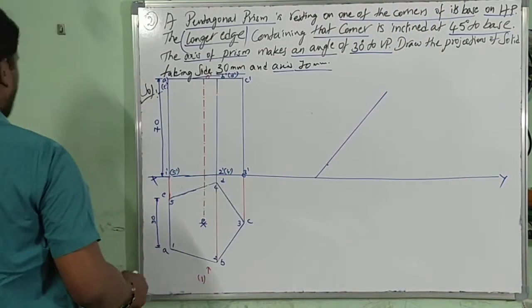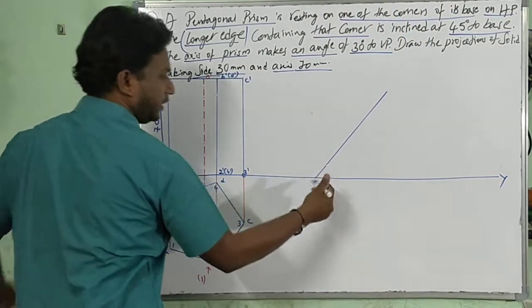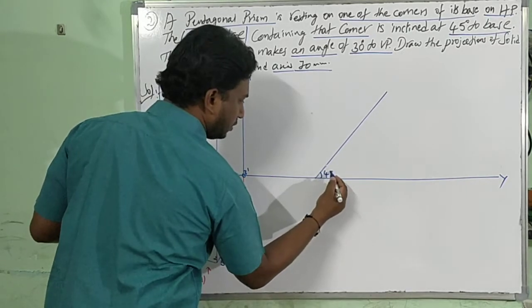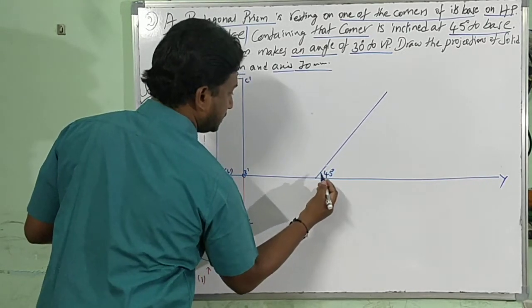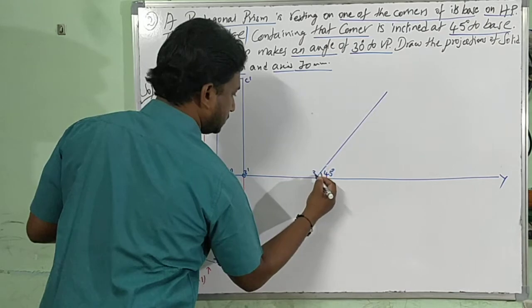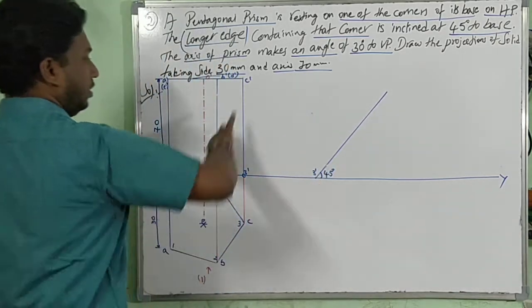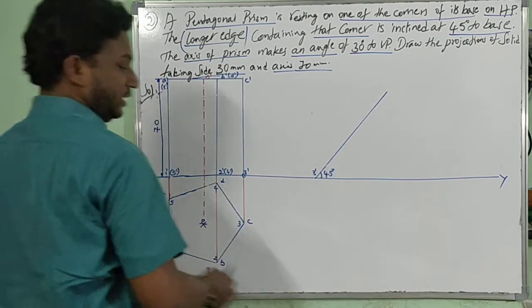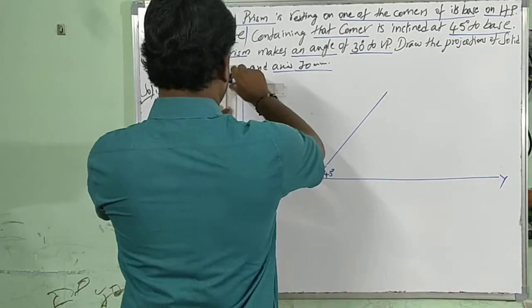That has to be at an angle of 45 degrees. You can draw a line, and this is compulsory. It's 3 dash. Now what is this total length? Height 70. 70 it has to be.